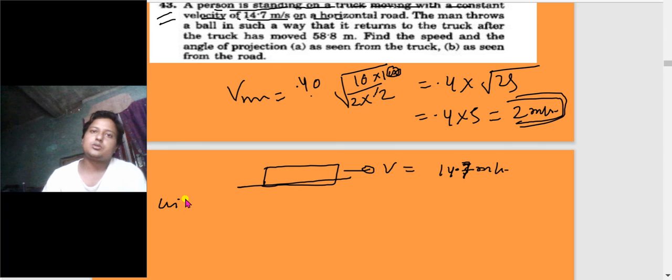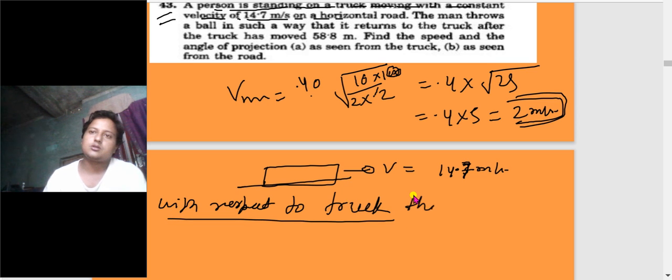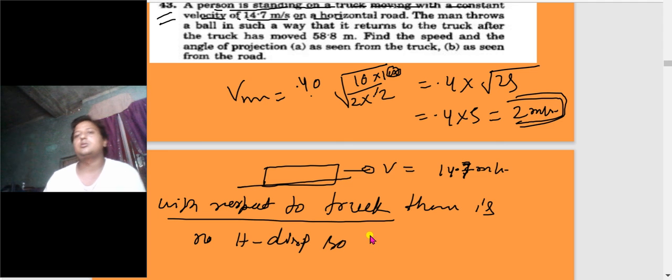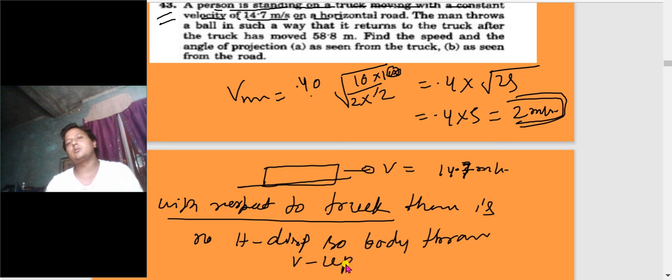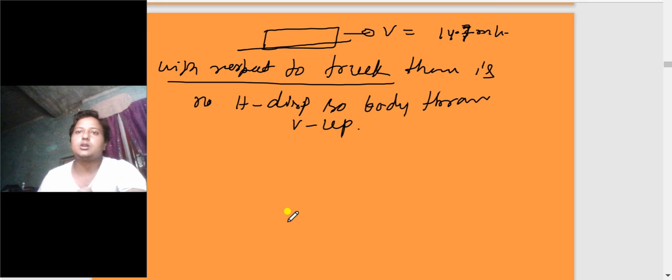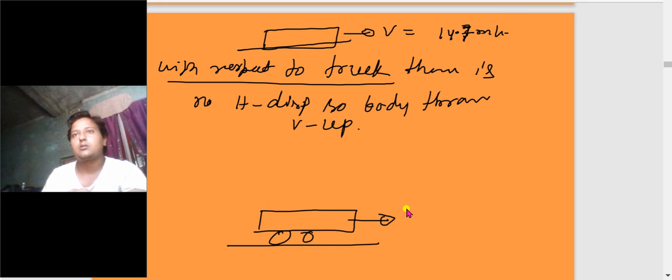So with respect to the truck there is no horizontal displacement, so the ball is thrown vertically up. Let the vertical speed be u.